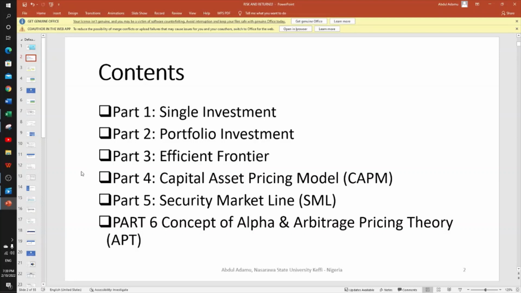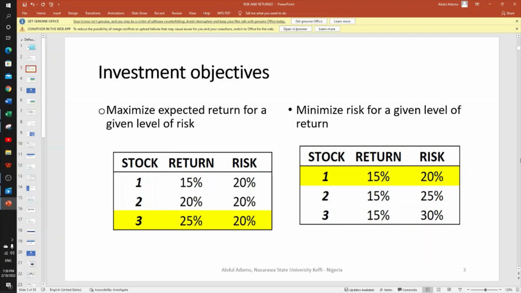But before we start this first lecture, we want to draw your attention that for every investment there are two objectives. Those two objectives are that you are making an investment to maximize expected return for a given level of risk.